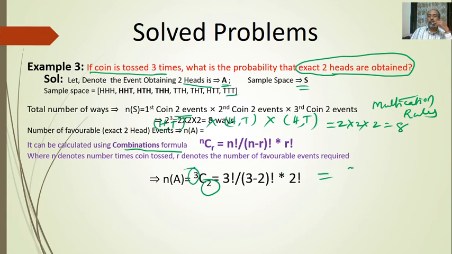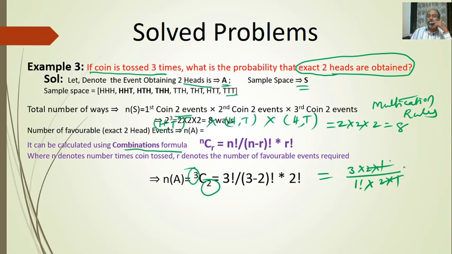So hence 3 into 2 into 1 divided by, so 3 minus 2 is equal to 1 factorial, then 2 factorial. 2 factorial is equal to 2 into 1. Then 2 into 1, 2 into 1 is cancelled.